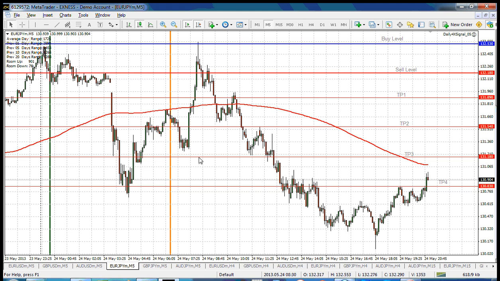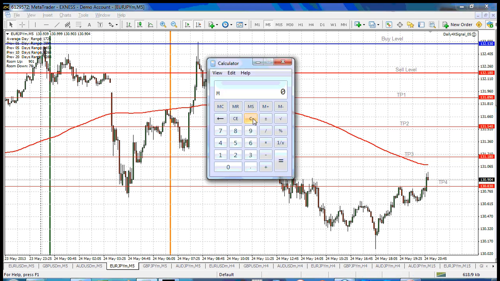So let's have a look at how much profit we had made for this particular day. Remember, we are playing with 4 lots. The first TP1, that is from the Asia session, let's have a look. This is 132.18 minus 131.89, which is 0.29.